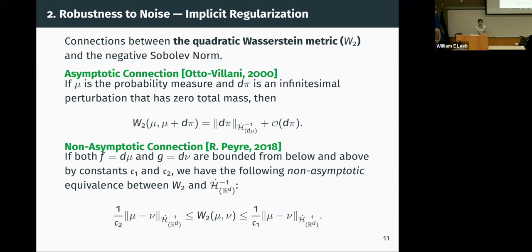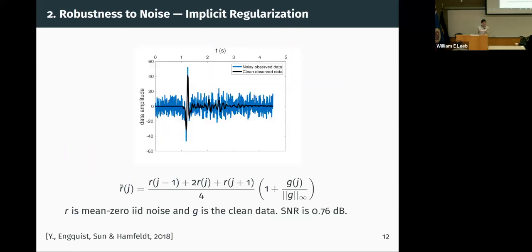And it's not surprising that if I use the Wasserstein distance to match the difference between my simulated data and the noisy reference data, it is very robust. So here I give you an example. I have the clean wave field, one slice of it, in the sense that I fix x and just look at the time series.